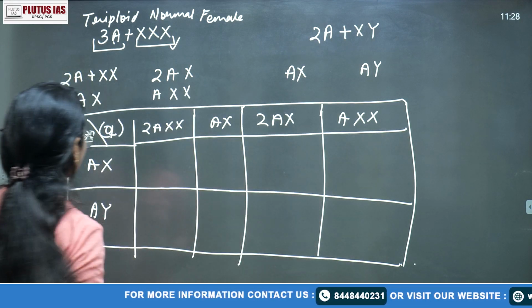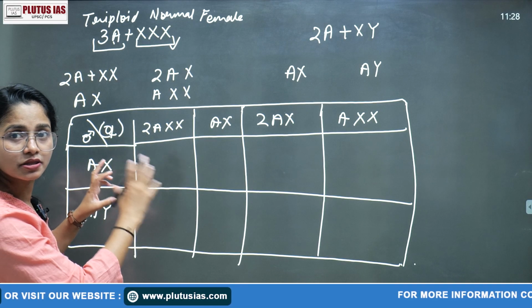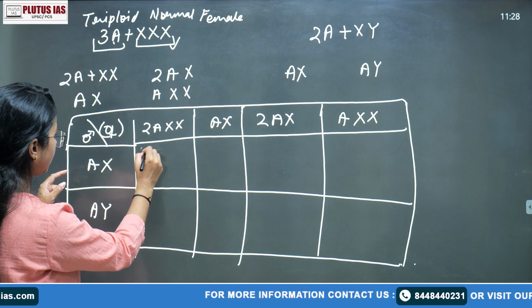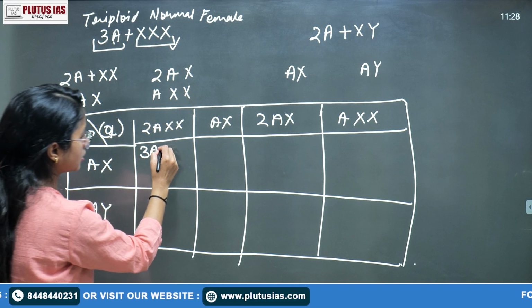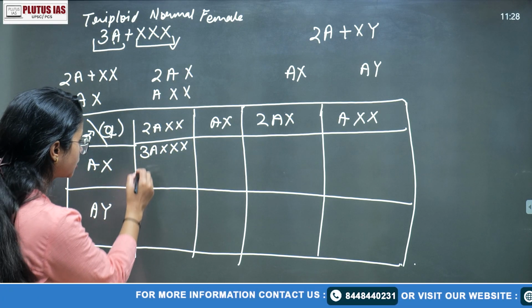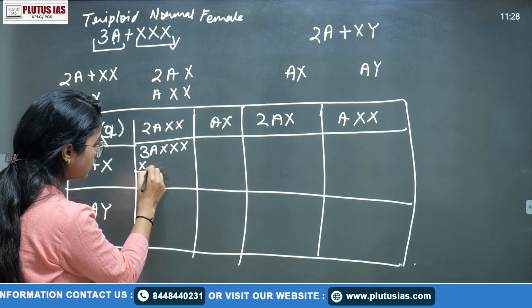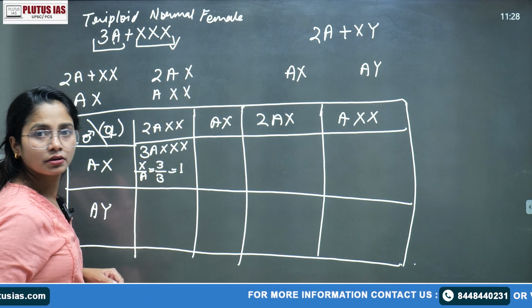Okay, fine. So here the offspring's genetic makeup is 3A, right? 2A and A is 3A, and 2X and 1X is equal to 3X. So what will be the X upon A ratio? The X upon A ratio is equal to 3:3. That means 1. Got it?